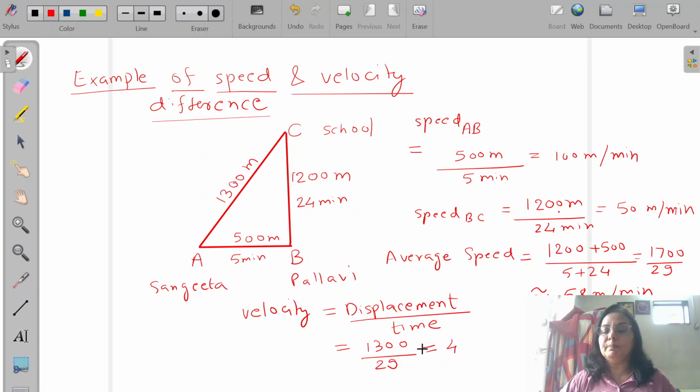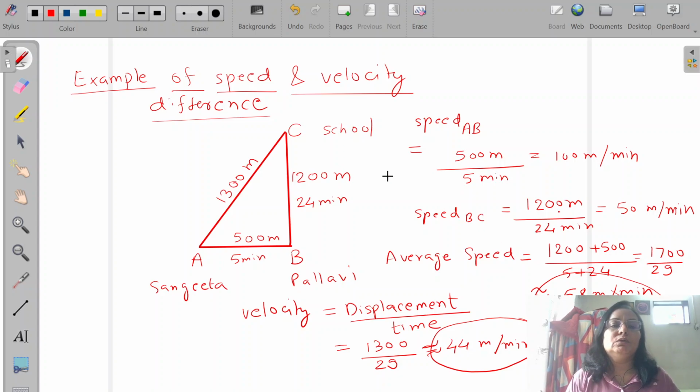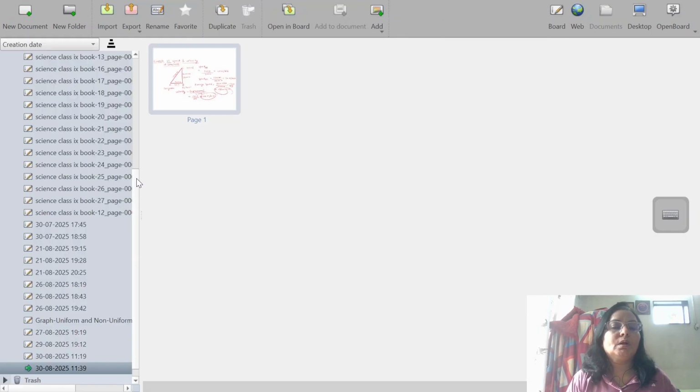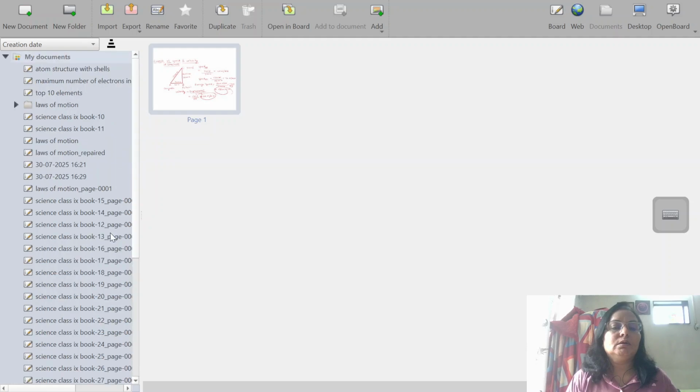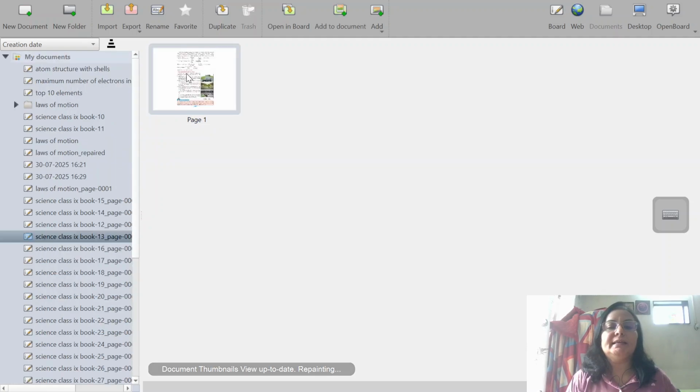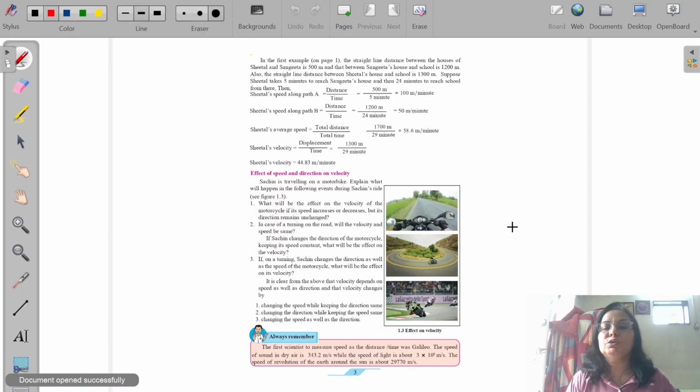So this comes out to be approximately 44 meter per minute. So you can see the speed is 58 and velocity is 44. Speed and velocity are different. This is exactly what this page was trying to say.